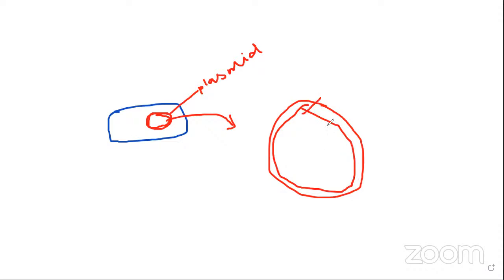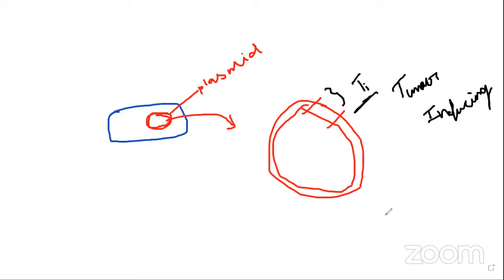Particularly in this part, we can mark it differently so it will be better for you. In this part, the TI plasmid. What is the meaning of TI? It denotes tumor inducing. Tumor inducing plasmids.